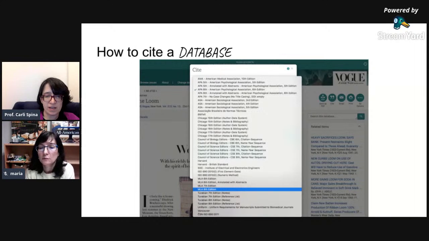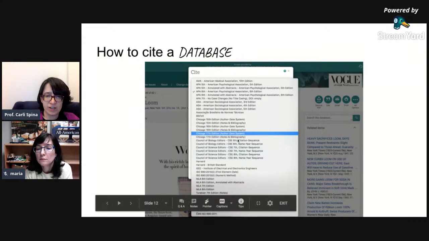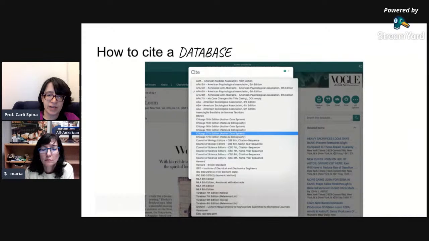But you can see that in this case, I'm looking at MLA, 8th edition. And they also have Turabian, and then they also have the Chicago. And here you can see it even offers both the option for the author date system and the notes bibliography system. So you really do have this option to pick exactly the style you want and copy it that way into your presentation.